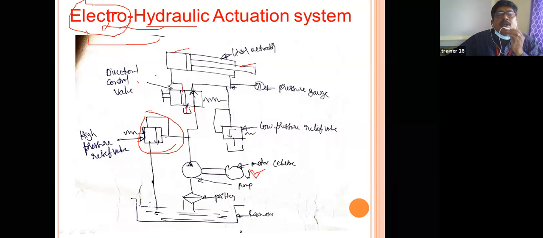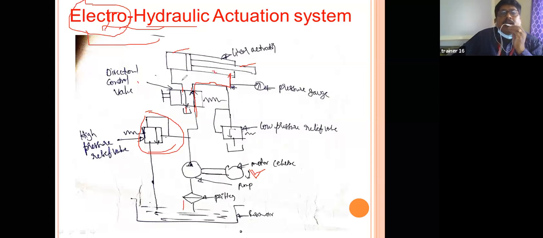When the directional control valve is activated, the pressurized oil enters the system and then enters the cylinder.